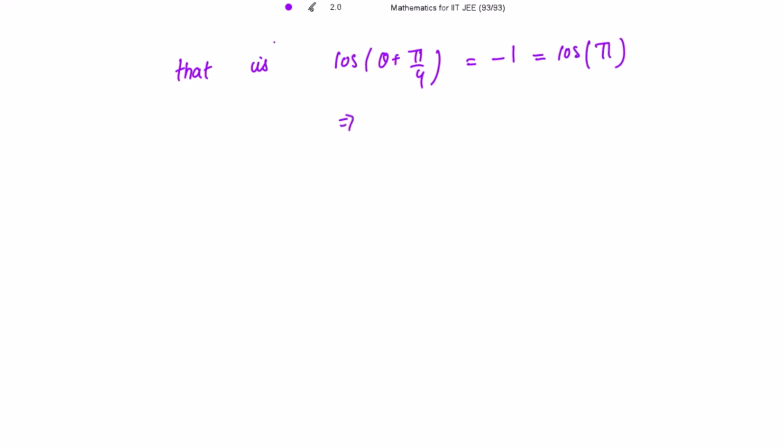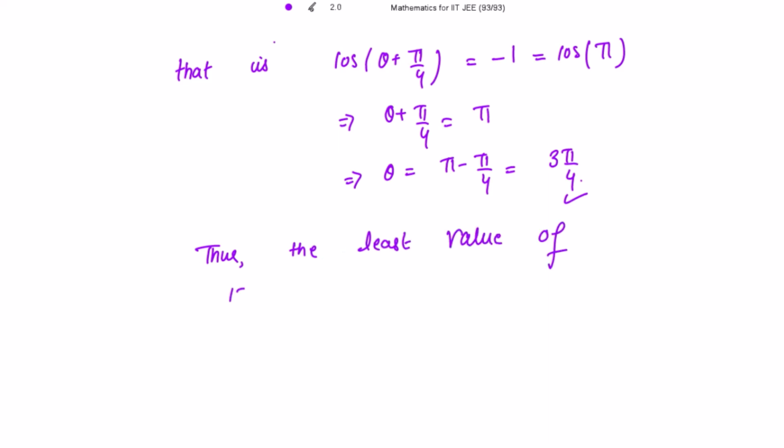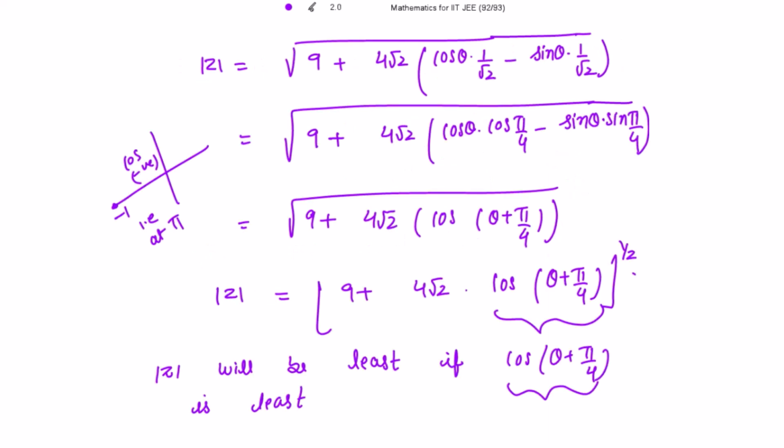So this implies theta plus pi by 4 is equal to pi. So from here we get theta to be pi minus pi by 4, that is 3 pi by 4, right?